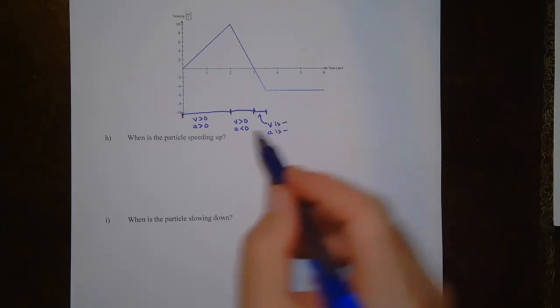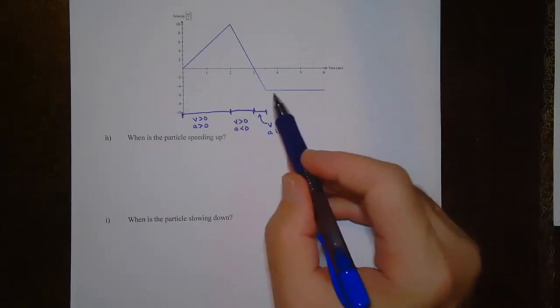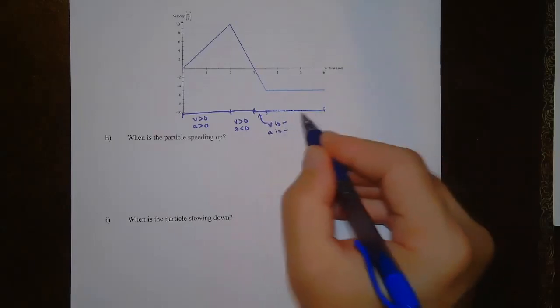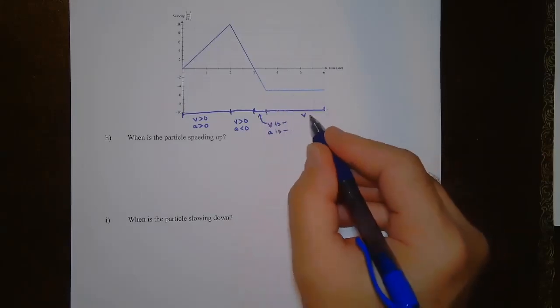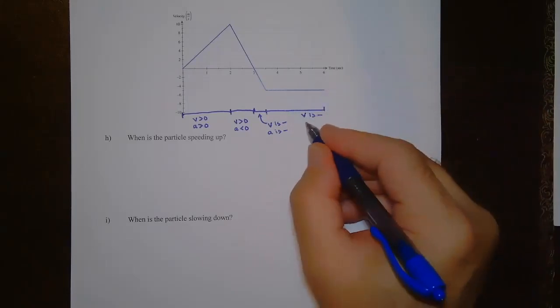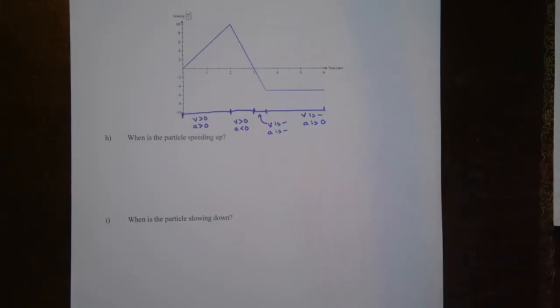I'm just writing this a different way than over here if you don't like the way I'm writing this. And then from here on, my velocity is negative, but my acceleration is 0. So it's not positive or negative, it's just 0.